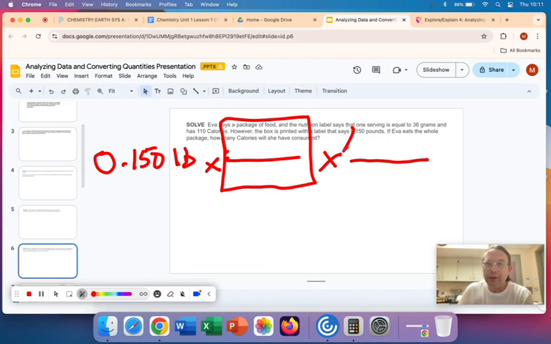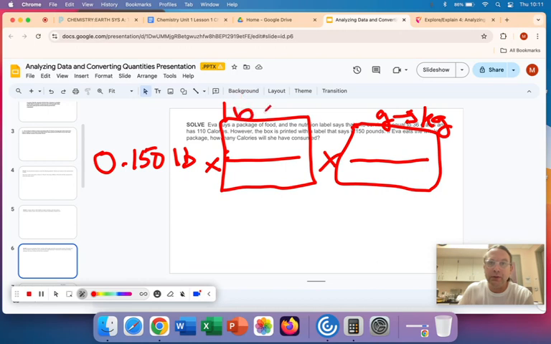Show me how you set this one up. Which one's the numerator? Which one's the denominator? This one you want pounds to kilograms. Okay, and then continuing, put your answer.